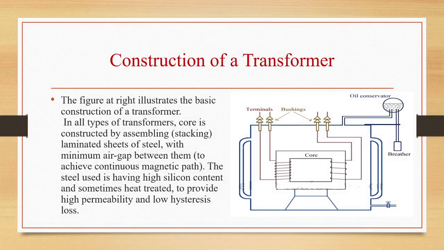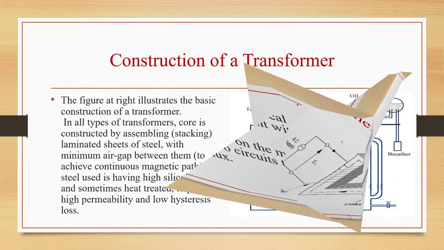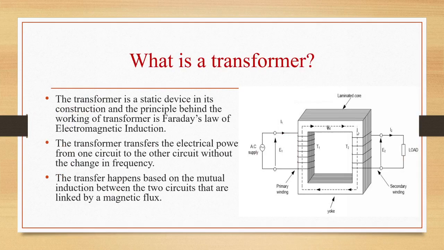Then the terminals will be taken out, an oil conservator will be there, and a breather will be there. So these are the various parts of a transformer having bigger capacity. For high capacity we use this type of transformer. Otherwise, for small transformers we don't have outer parts, just windings and core.